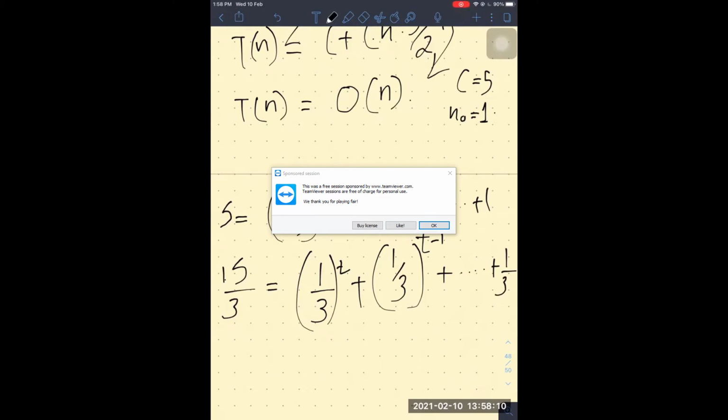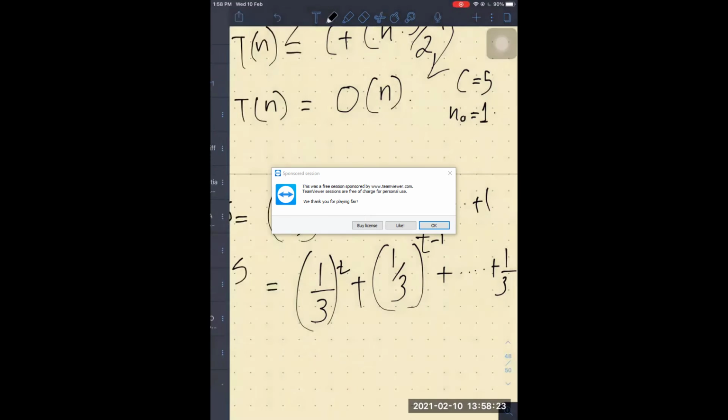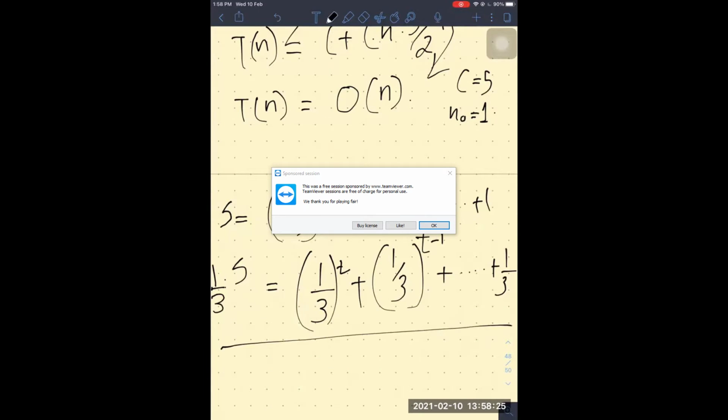Do you get how I am getting this second series? You divided both sides by 3. Yeah, exactly. Divided both sides by 3. So you can write it like s over 3. Yeah, exactly the same thing.